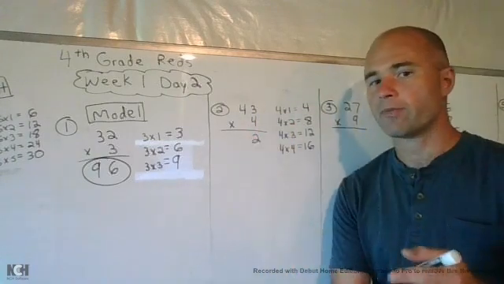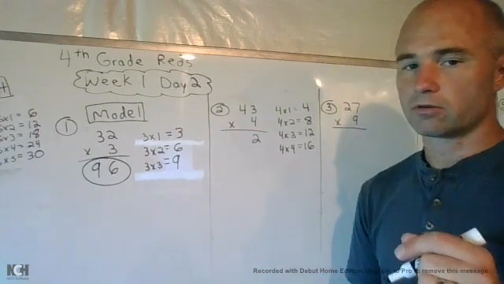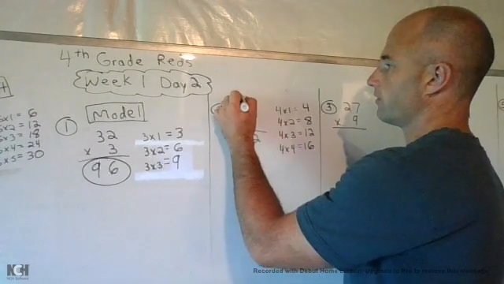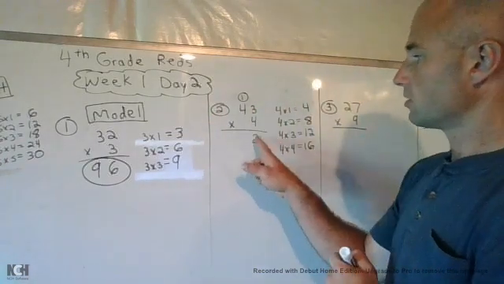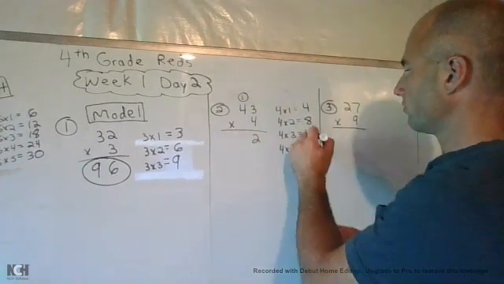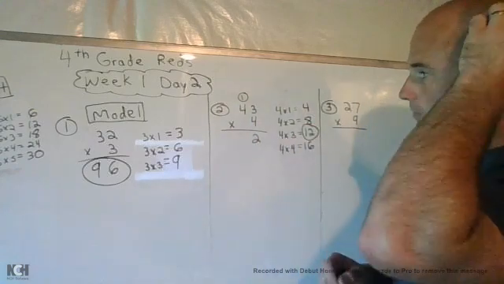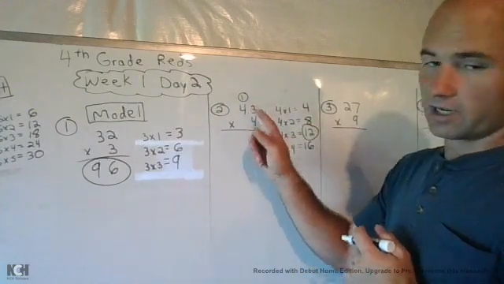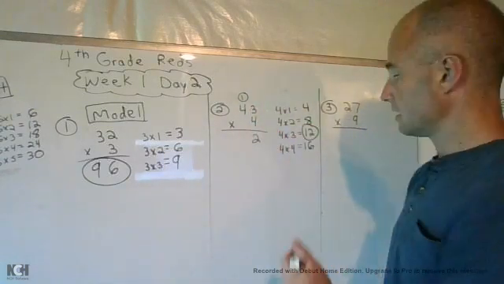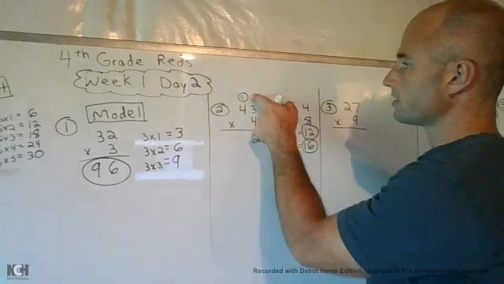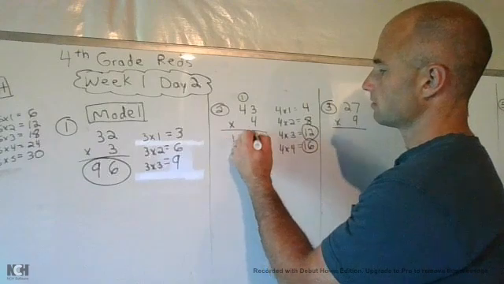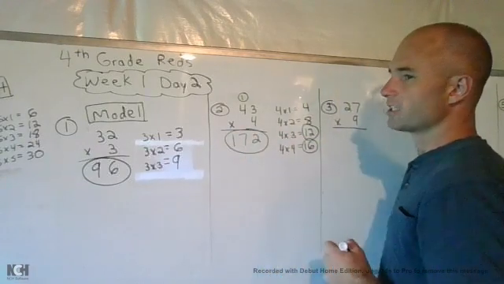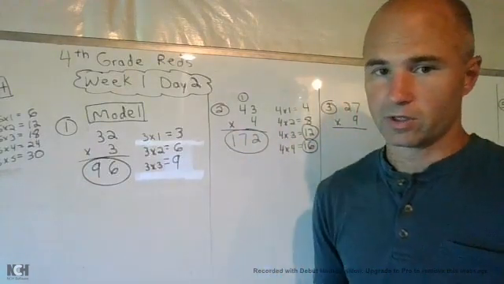I hope you remembered you have to carry that 1 over, up above the 4 here, above the tens place. Then I'm going to do 4 times 4 equals 16, plus that 1 up there, which gives you 17, giving me an answer of 172.